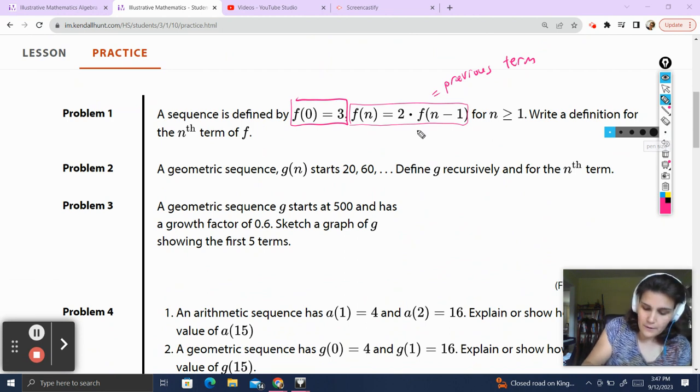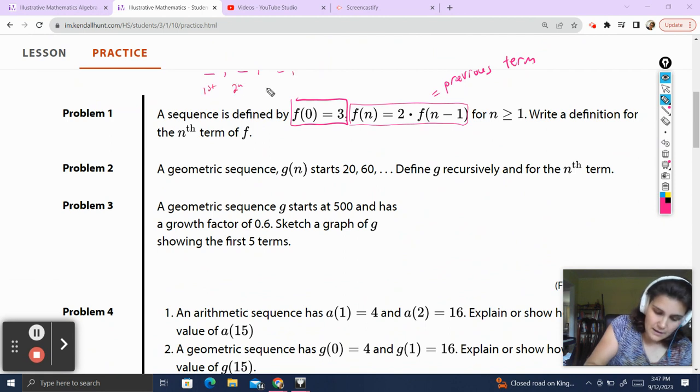So let's get started. My first term, so that's going to be my first, my second, my third term. Second, third, fourth, ... Let's figure it out. It's going to be 2 times the previous term. 2 times the previous term is 3. My second term is going to be 2 times the previous term, which is this.